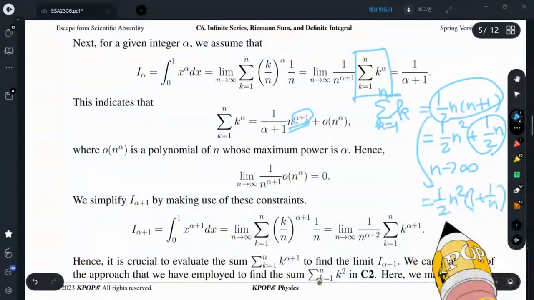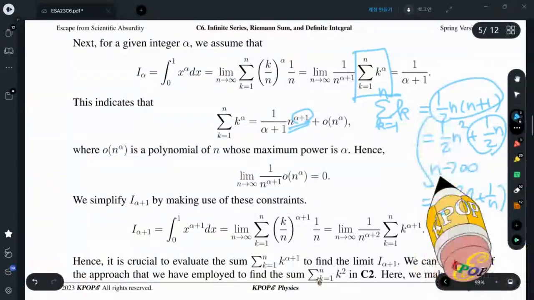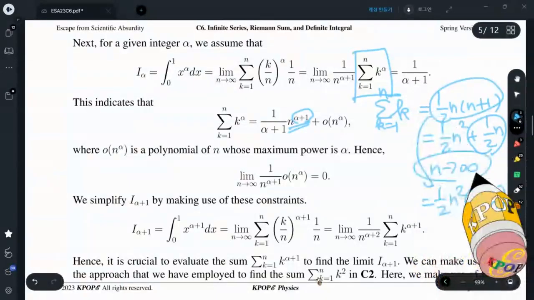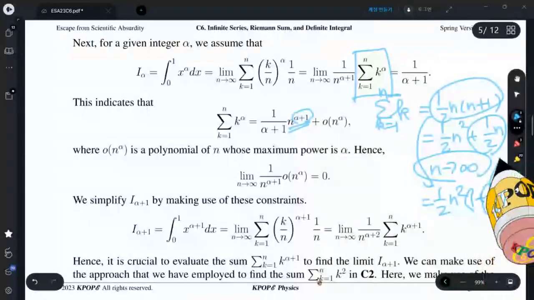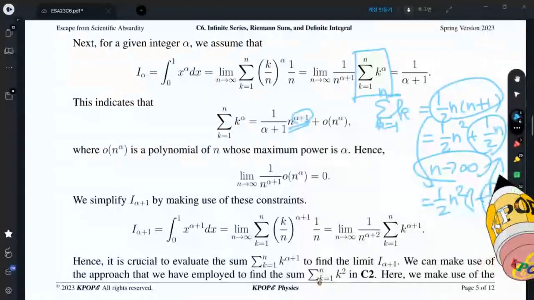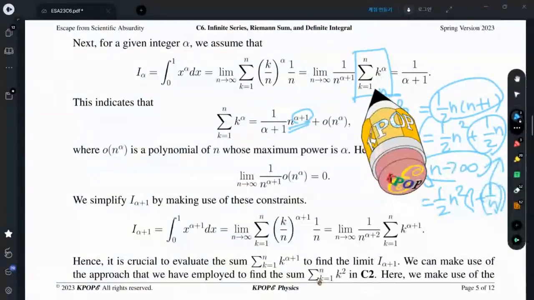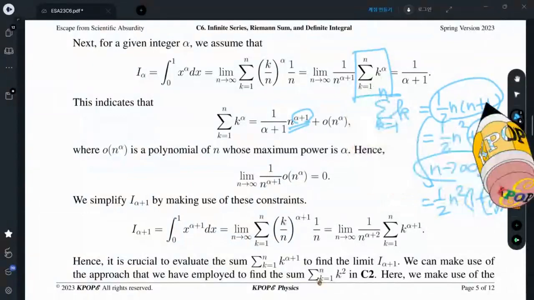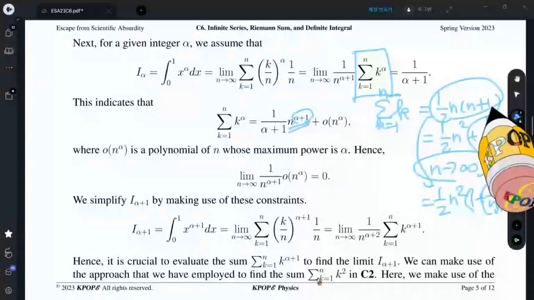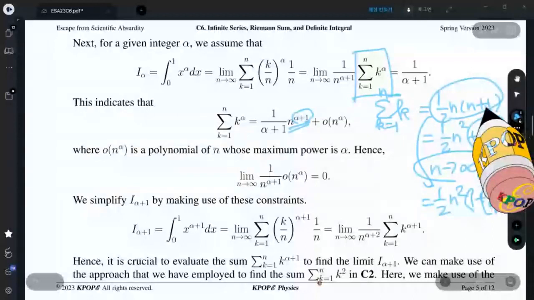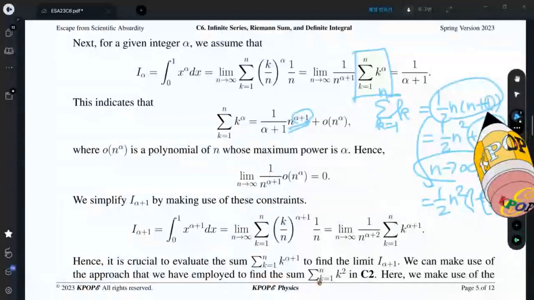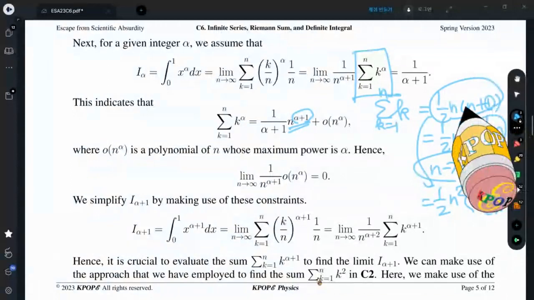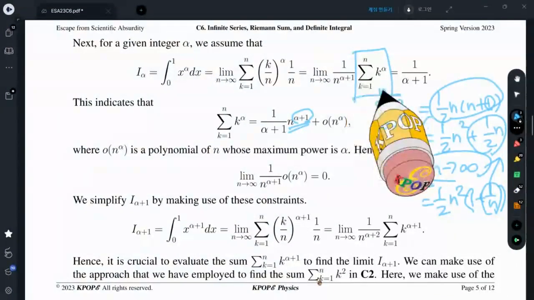As we increase n arbitrarily large, this subleading contribution disappears. So we don't have to worry too much about the detailed computation of this explicit formula. That is a headache, even though we developed a way to find the most general form of this summation formula.